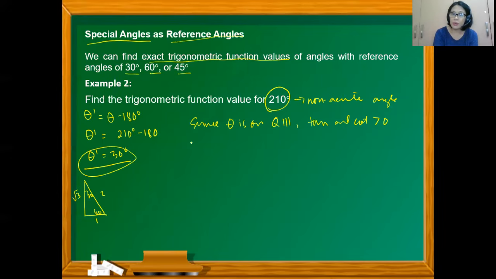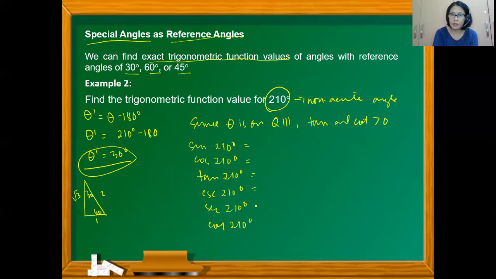So sine 210, cosine 210, tangent 210. We're expecting that the other four trigonometric function values will be less than 0, and these are sine, cosine, cosecant, and secant.